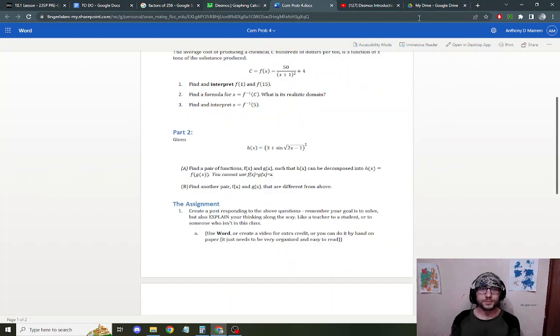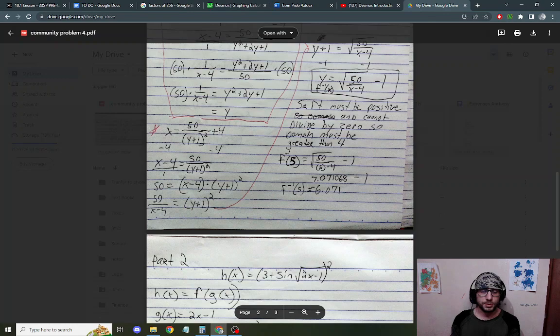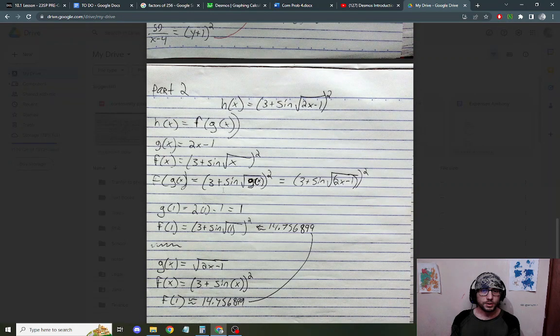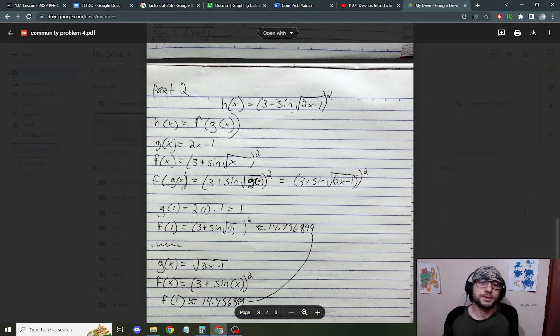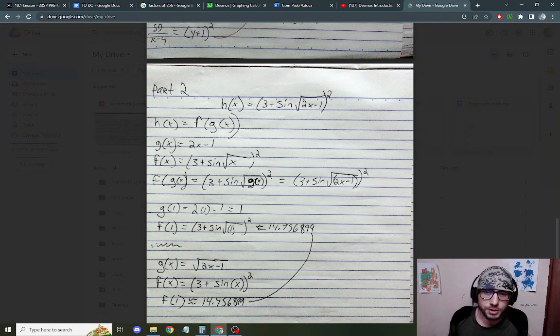So going into here, we can see that there's our function there. And the way that we want to decompose this is such that we can still find h of x by first finding g of x and plugging that into f of x.